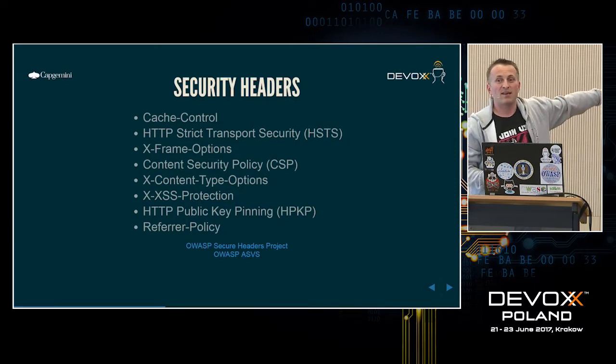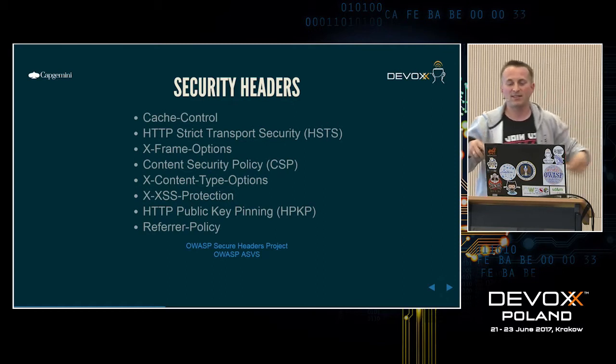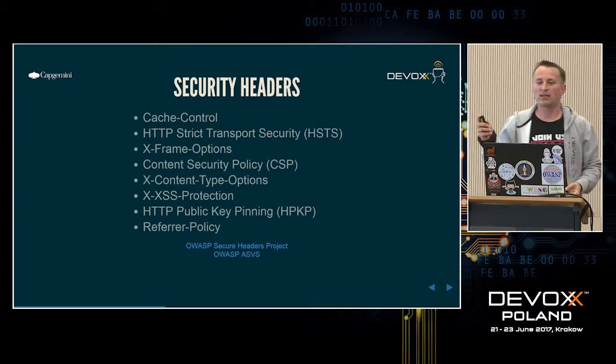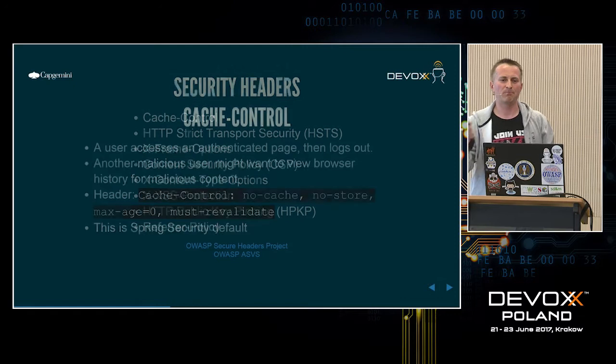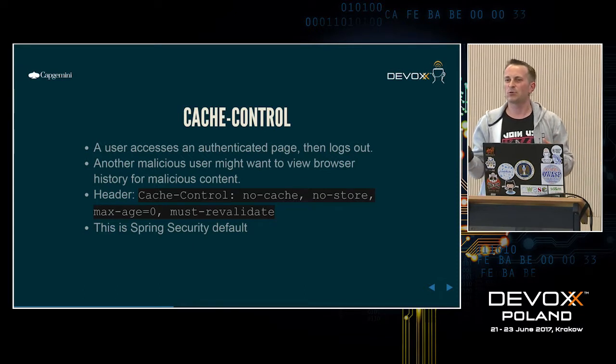Let's go through the headers one by one and think for a while about why they are security relevant and what we can do with them. So first header first, Cache-Control. You actually should know this one. Why is it security relevant?